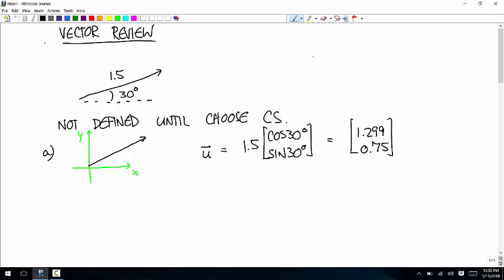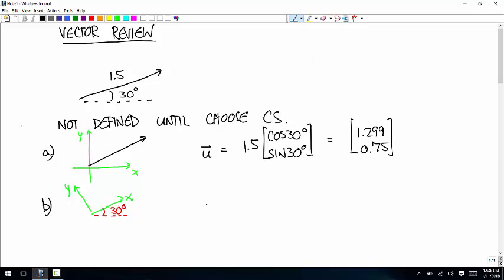But if you choose a different coordinate system, say I chose a coordinate system like this, where the x-axis is 30 degrees offset from the horizontal, that means the x-axis is pointing in the exact direction of the vector.